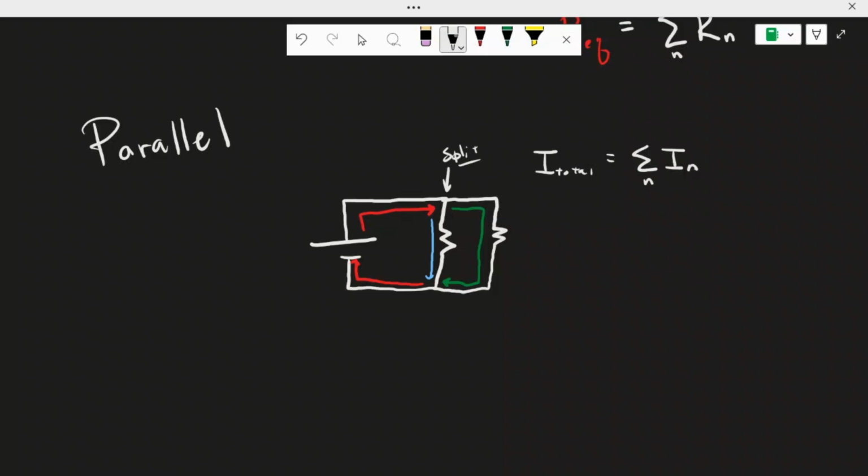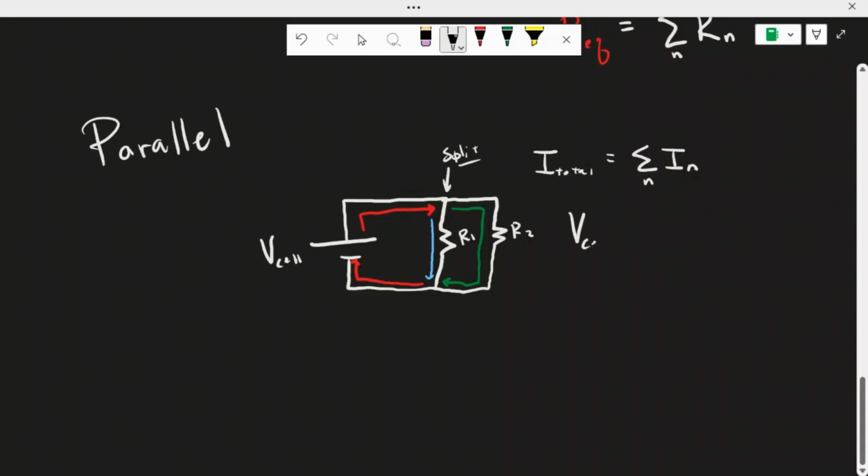So this is very similar to the equivalent resistance, but in this case, it's more like a total equivalent current, right? So we're going to use this in order to figure some stuff out. That, combined with the fact that if this is the voltage of the cell, the voltage drop across each of these resistors R1 and R2 has to be the voltage of the cell.